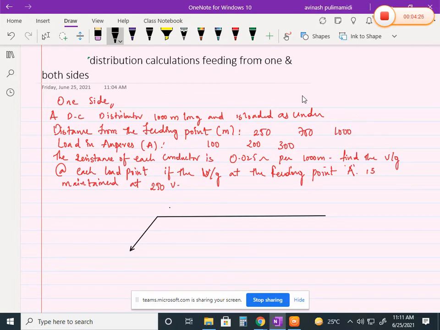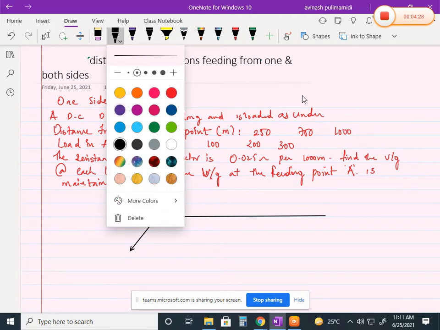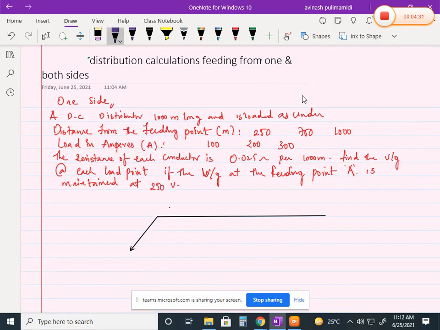So let us take this point as A, and 3 different load points are there. So let us take this one as B, this will be C, and this will be D.